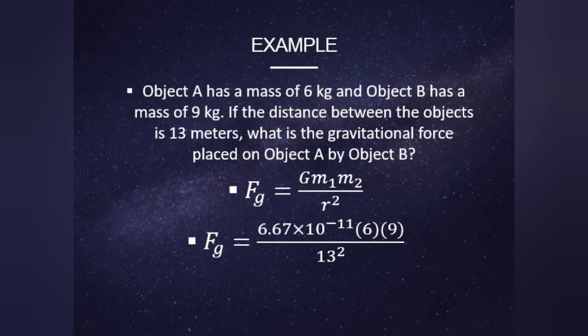Since m1 was 6 and m2 is 9, we're going to plug that in there. And since r is 13, we have 13 squared at the bottom. So you put all this in the calculator and you end up with your answer, 2.13 times 10 to the negative 11 newtons.